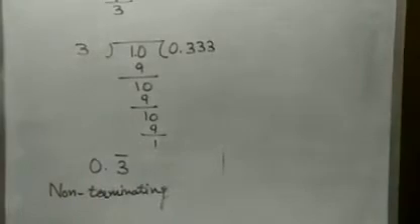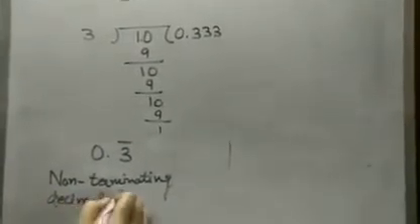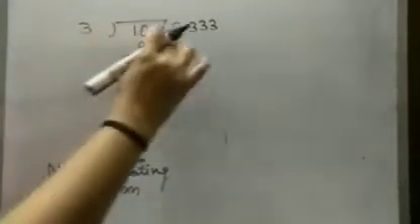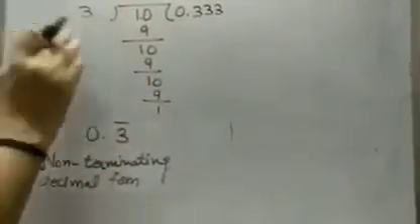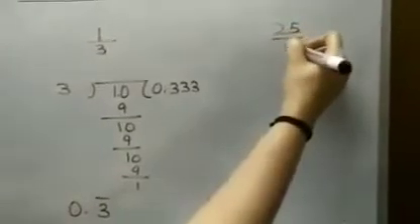If we find the digit in the decimal starts repeating after a finite number of steps, then that rational number has non-terminating decimal form. Again I am taking one example, 25 by 12.